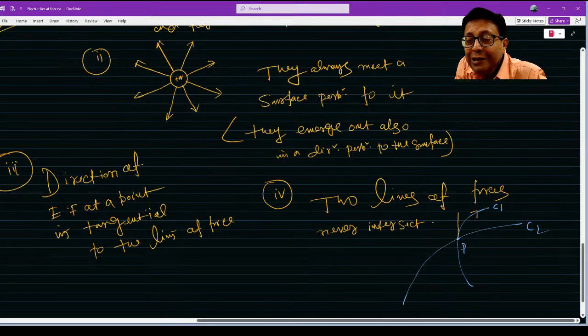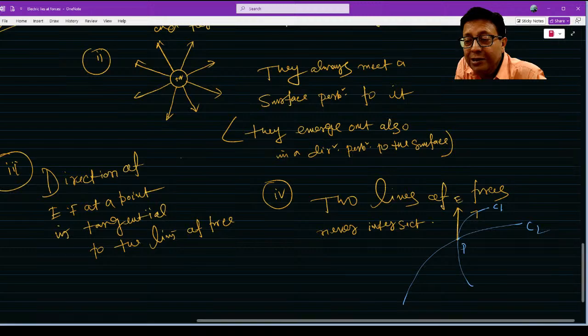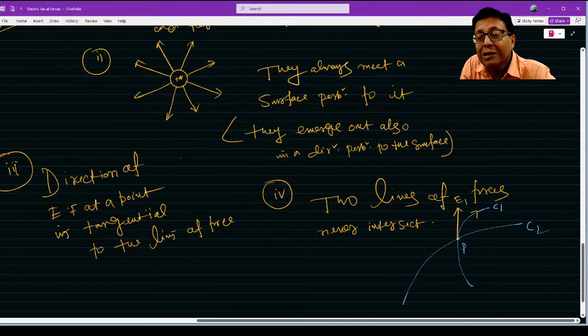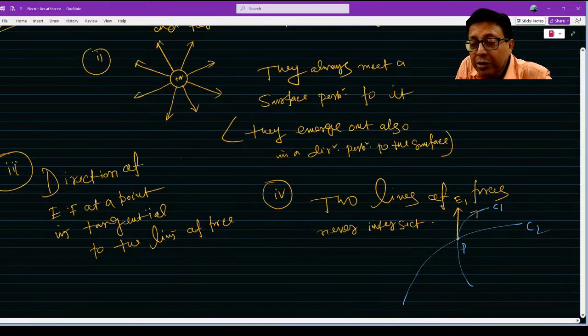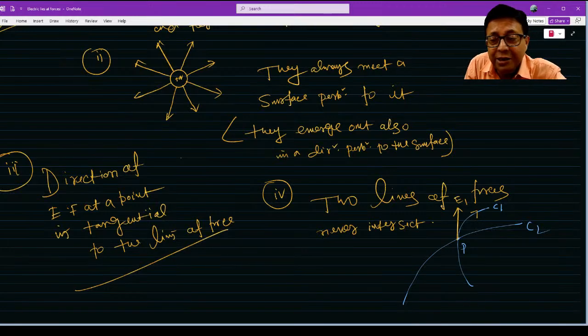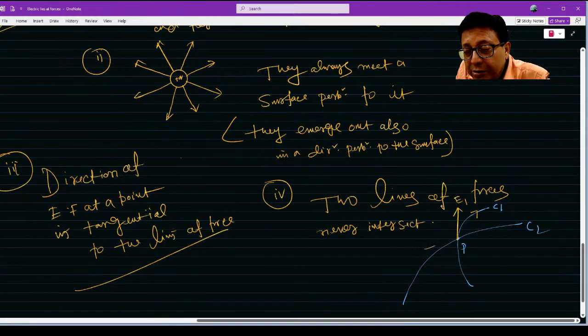So electric field strength will be tangential to the curve, directed in this manner. At this point also, it is tangential, agree or not? We have said it will be tangential.